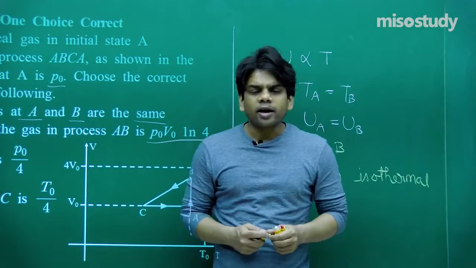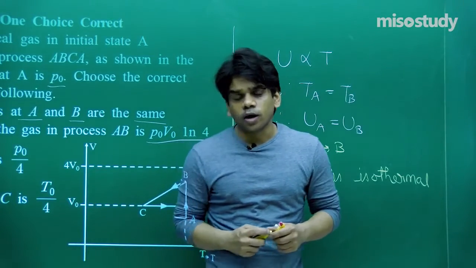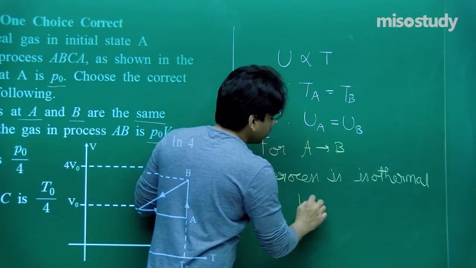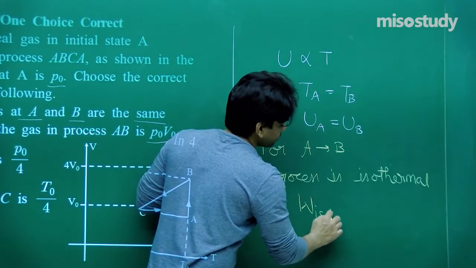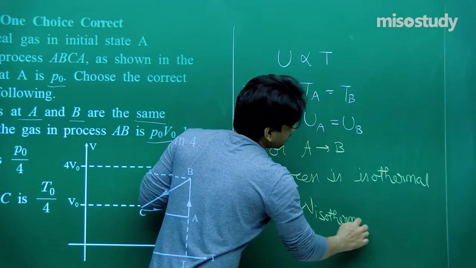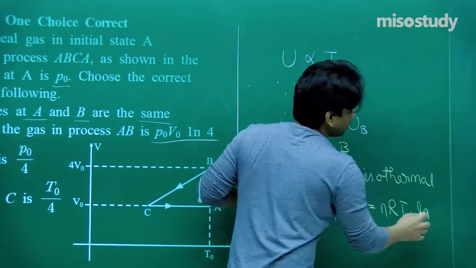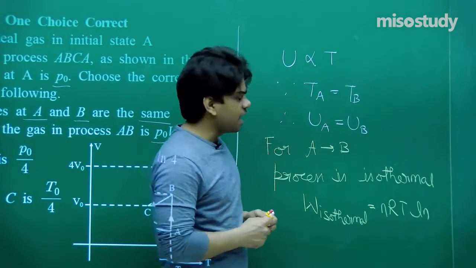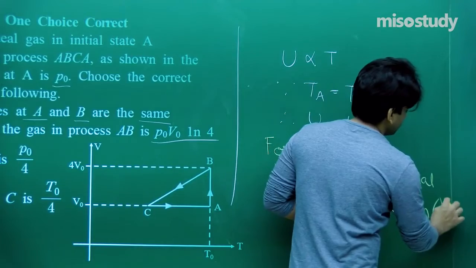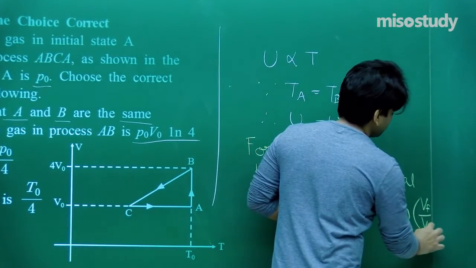If it is isothermal, I have told you how to evaluate the value of work done. The work done in an isothermal process comes out to be nRT ln of final volume divided by initial volume.